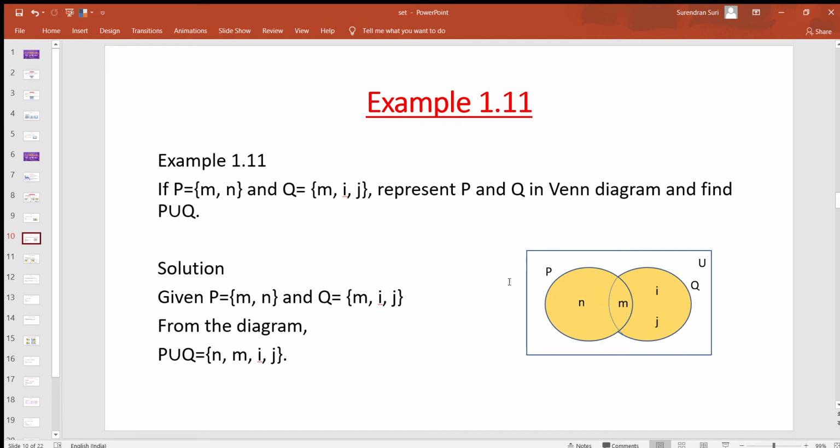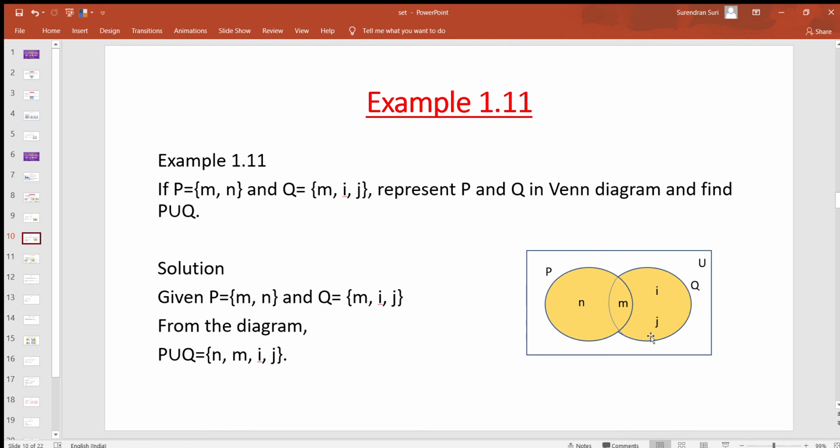So that element we have to write in the middle, that is in the intersection part. And if you see set P, we have M and N. So N you have to write in the set P part. And then in Q we have M, I and J. So this is set Q. So this is how we'll be representing it in a Venn diagram. And from the diagram we can find P union Q. That is the shaded portion.